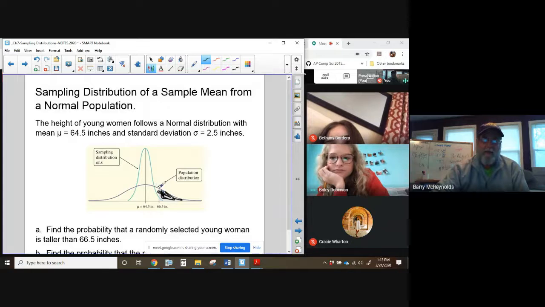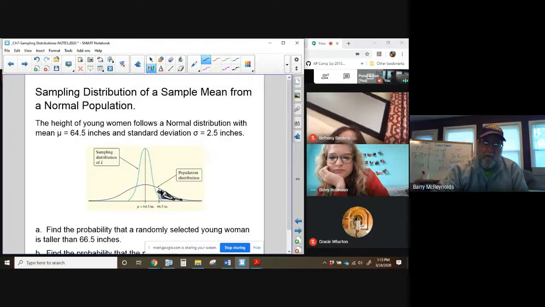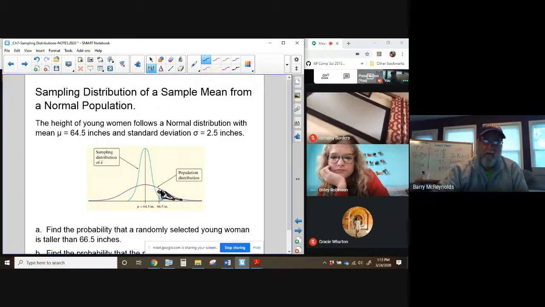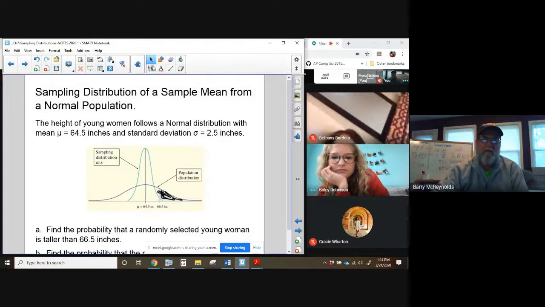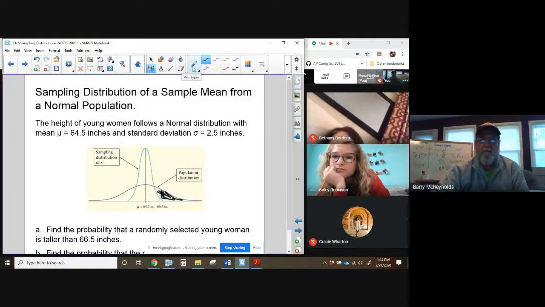And that area is quite a bit larger than the little bitty tail that you see from the sampling distribution. Notice that the sampling distribution is centered on the mean. It has the same value as the mean, but look how narrow it is compared to the population distribution. And so the area we're looking for in part B is this tiny little area.